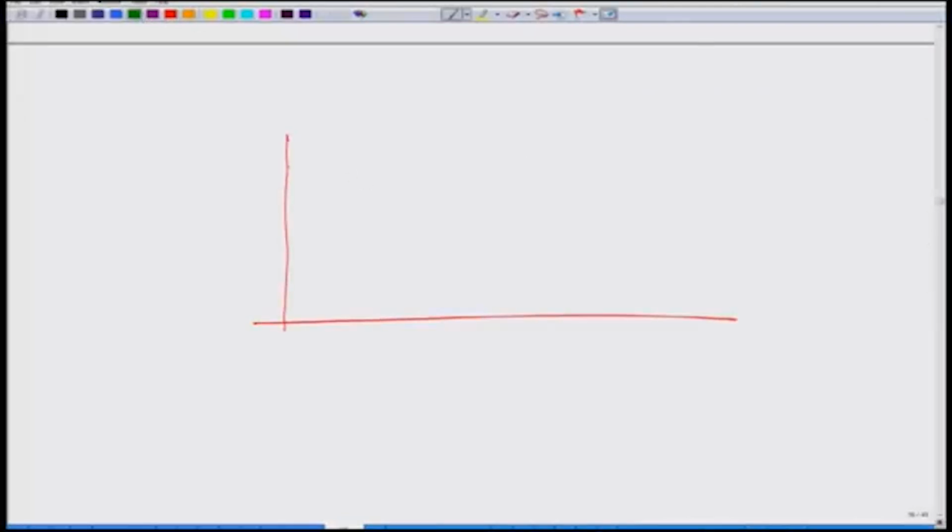Again in our box corresponding to 1 comma 1, magnitude of m is 1. Until this point 1 over A, where A is suitably chosen, it is linear, and then it is logarithmic.